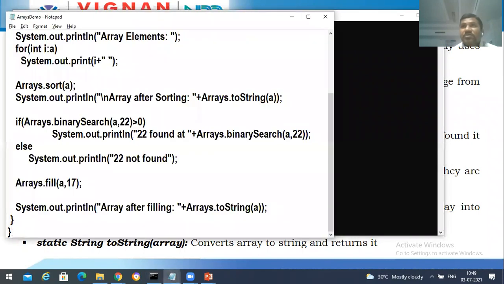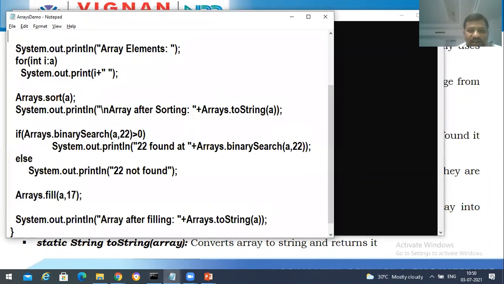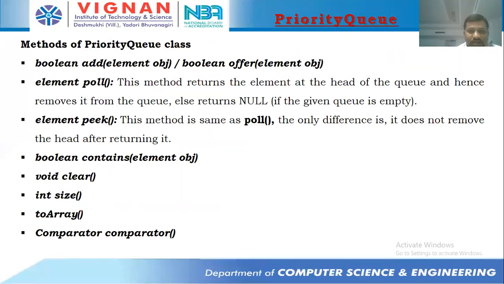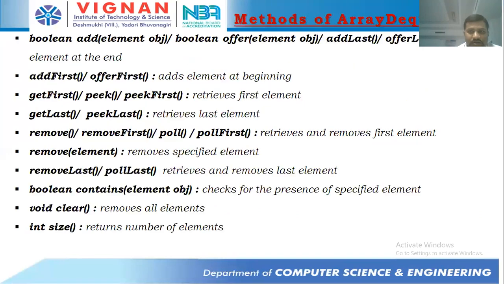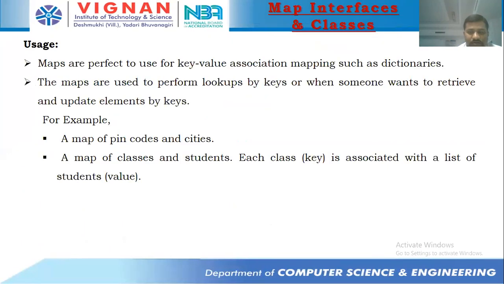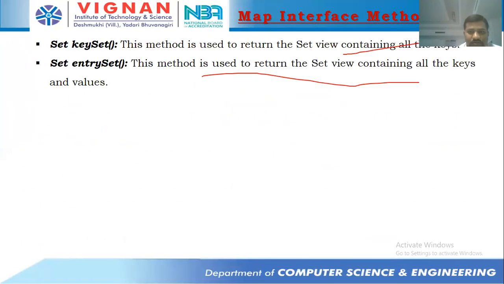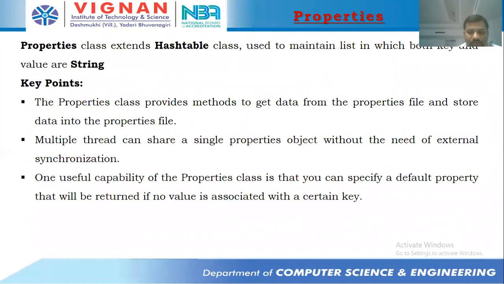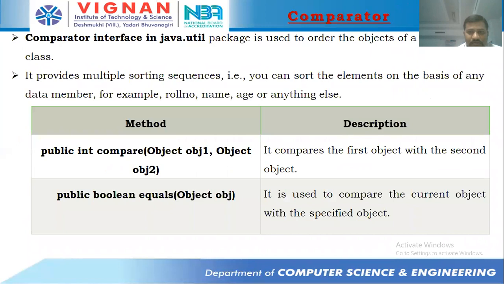Okay, fine. So this is your arrays topic, and the last thing that we have here is comparator. So what happens with comparator?